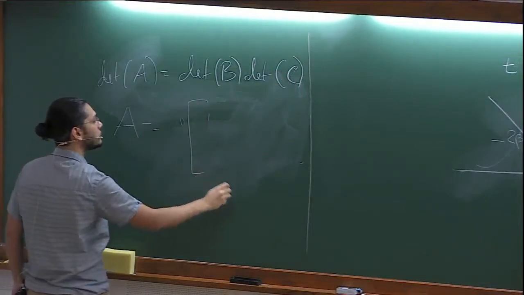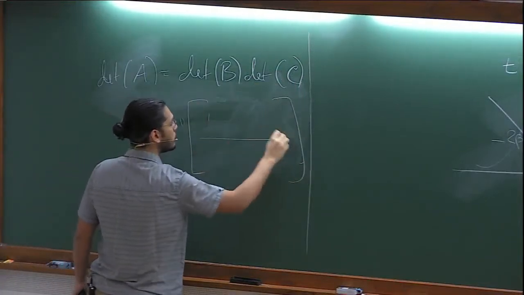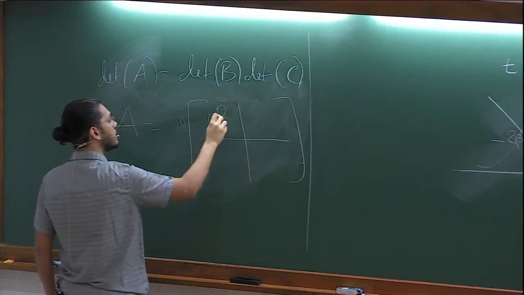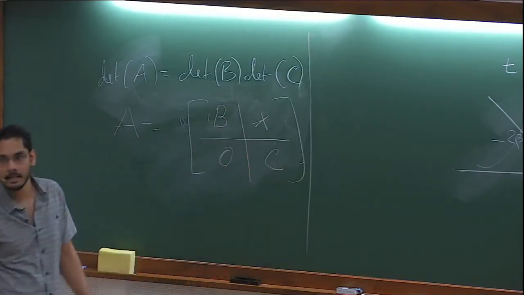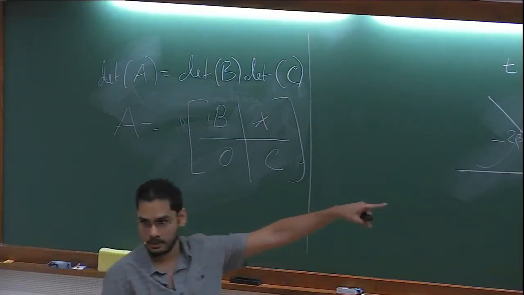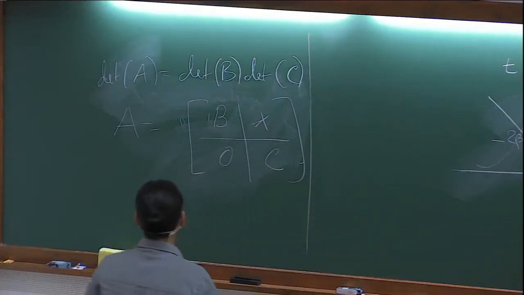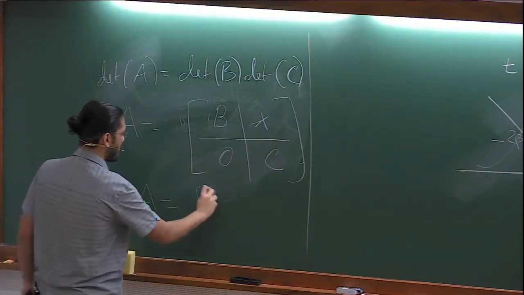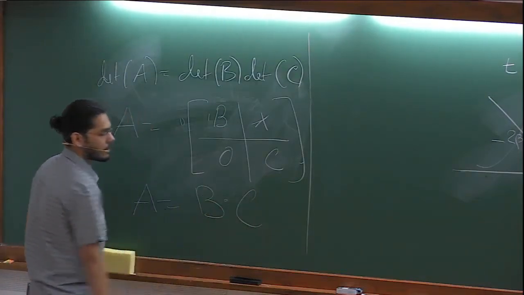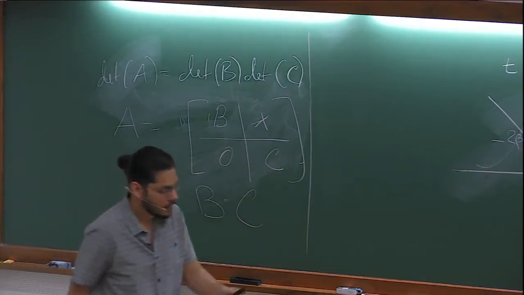If you think of A as a matrix, it will have a block form where you have a B here, C here, 0 here, and whatever here. If you have something like that, then it's definitely true that the determinant factorizes. And the other way it can happen is that A is simply B times C. So here also you have a product of determinants.